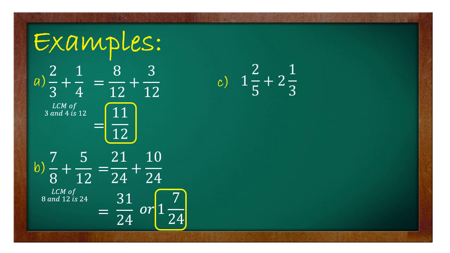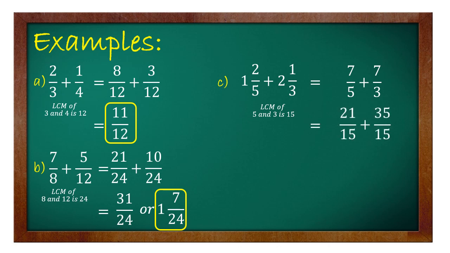The next example we have is 1 and 2/5 plus 2 and 1/3. Bago tayong mag-change into similar fractions, palitan muna natin itong mixed fractions into improper fractions. Yung 1 and 2/5 magiging 7/5, and then yung 2 and 1/3 magiging 7/3. And then, ang denominator natin ay 5 and 3, so ang LCM natin ay 15.